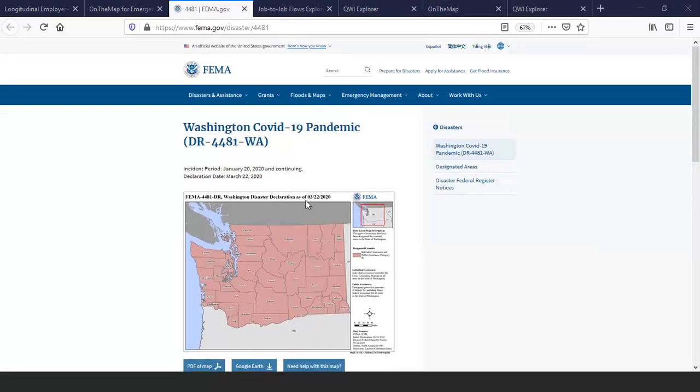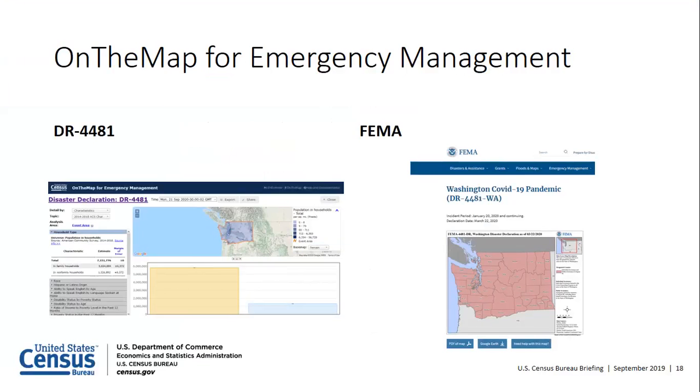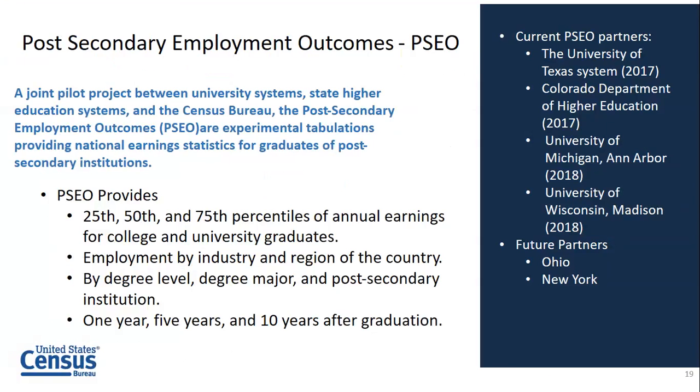All right, so moving right along, PSEO is an experimental tabulation that highlights employment and earnings outcomes for college and university graduates.